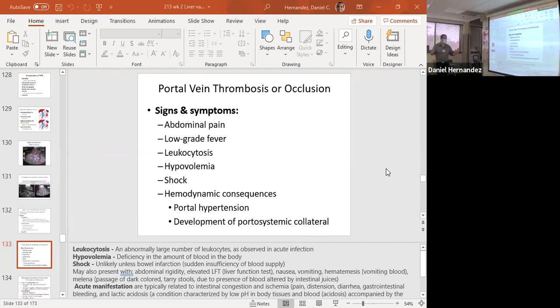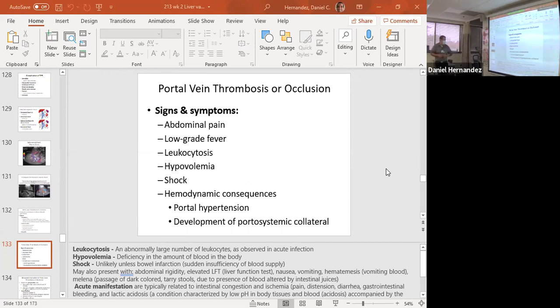You're going to develop collaterals to try and get around that clot to bring blood flow into the liver. We're going to see in a moment that process is known as cavernous transformation. It's pretty unique on ultrasound. I remember the first time I saw cavernous transformation, I'm like, what is going on here? It just looks like a jumbled mess of vessels going into the liver.